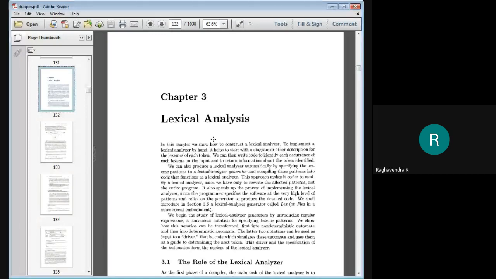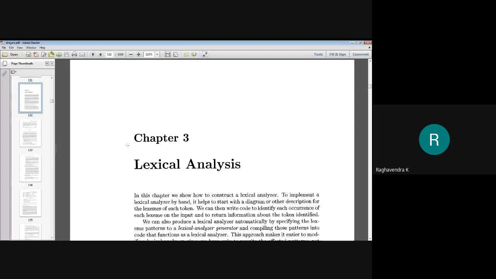So I hope I'm audible. Sir, the link has not been sent yet. Until the SDP link comes, should we stay here? Okay. But if they send the link, then you can join there. How many of you are registered?